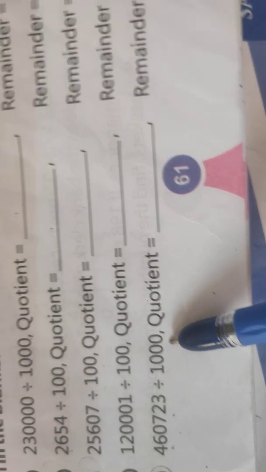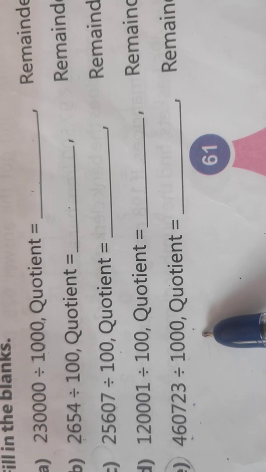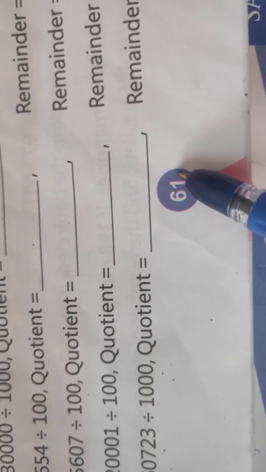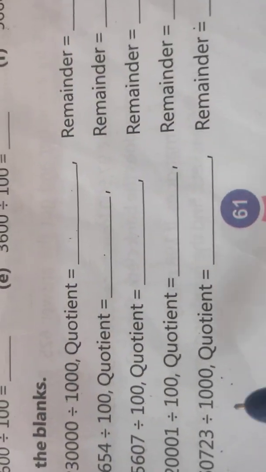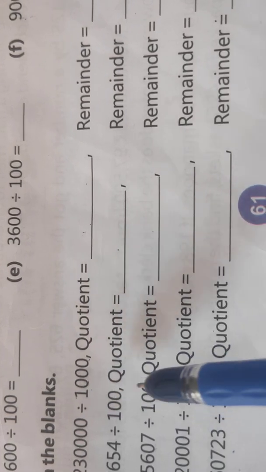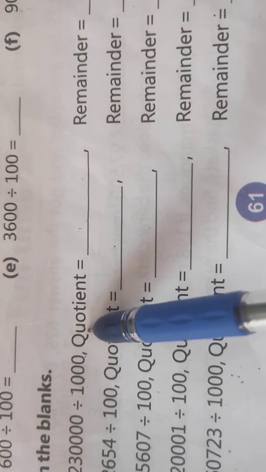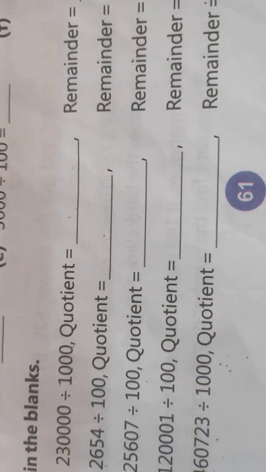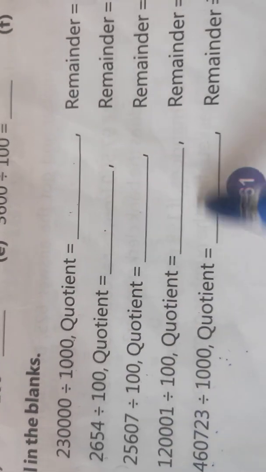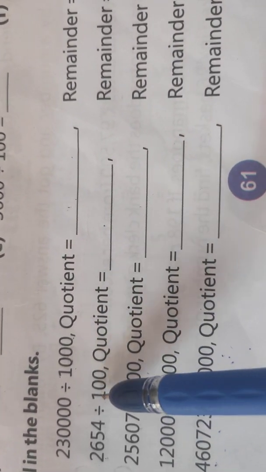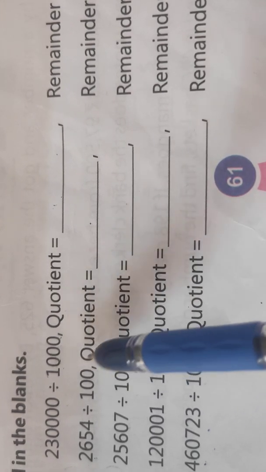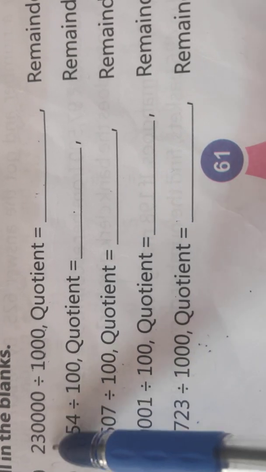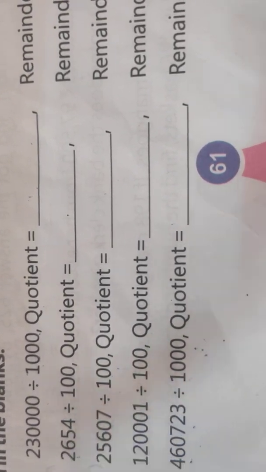4,60,723 divided by 1000. Without division you can get your answer. Without proper division steps, you can directly find the answer. When the divisor contains 10, then the ones place digit on the right side of the dividend will become the remainder and the rest will be the quotient. And if the divisor is 100, meaning we have to divide by 100, then the right side 2 digits of the dividend will be the remainder and the left side digits will become the quotient.